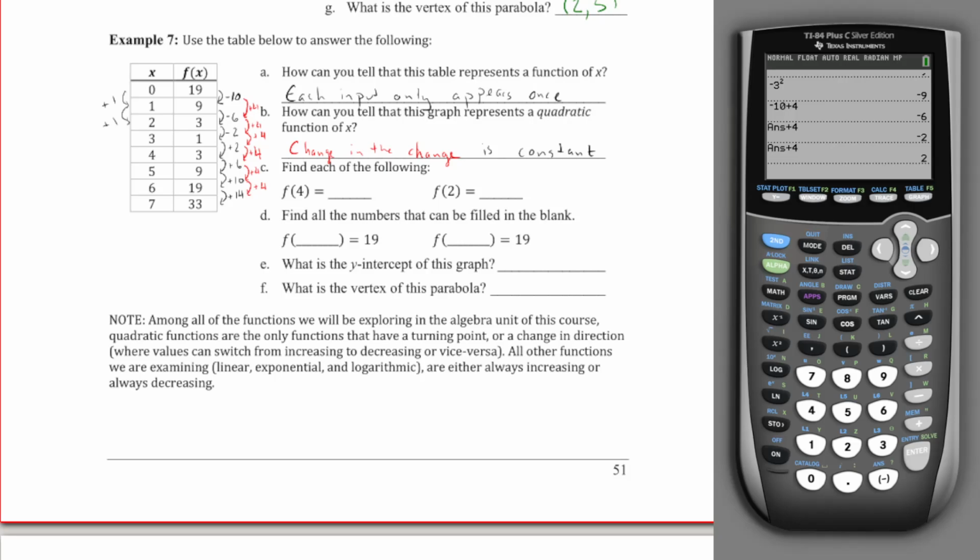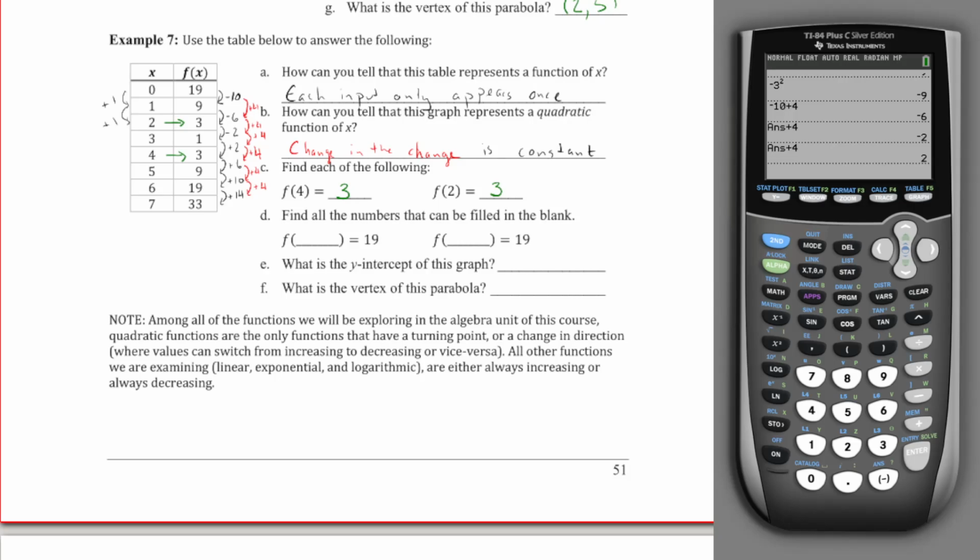When we want to find f of 4 or f of 2, we're looking for input 4 gives us output 3. So f of 4 is 3. Input 2 also happens to give us output 3. So f of 2 is 3.